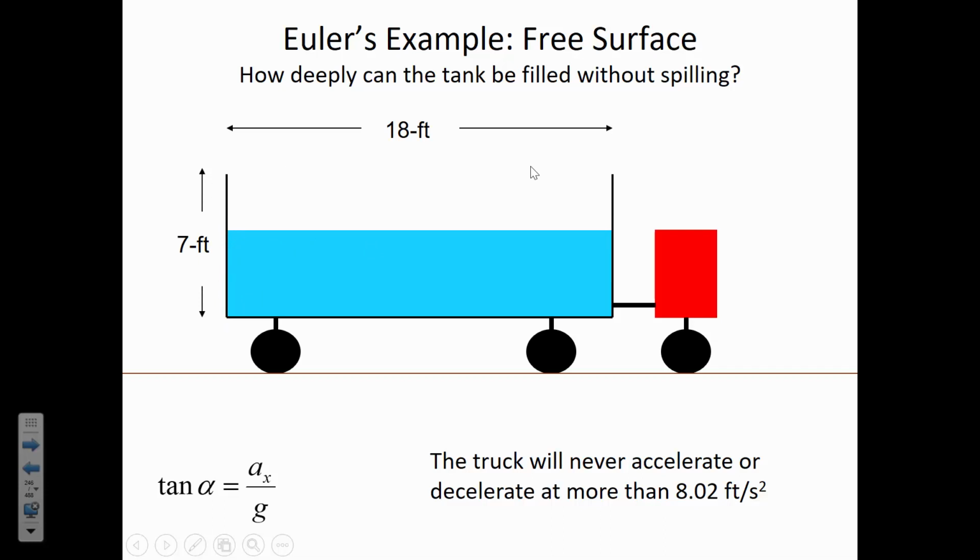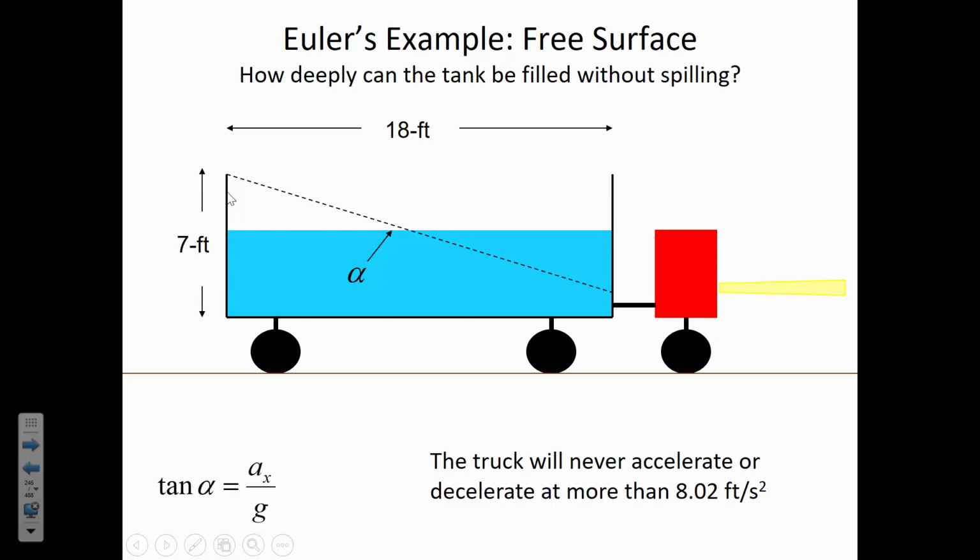The length of the tank is 18 feet. And we're given this information that the truck will never accelerate or decelerate more than 8 feet per second squared. So just based on its braking ability and its acceleration capacity, it's never going to accelerate more than 8.02 feet per second squared. So the question is, how high can the liquid level be?